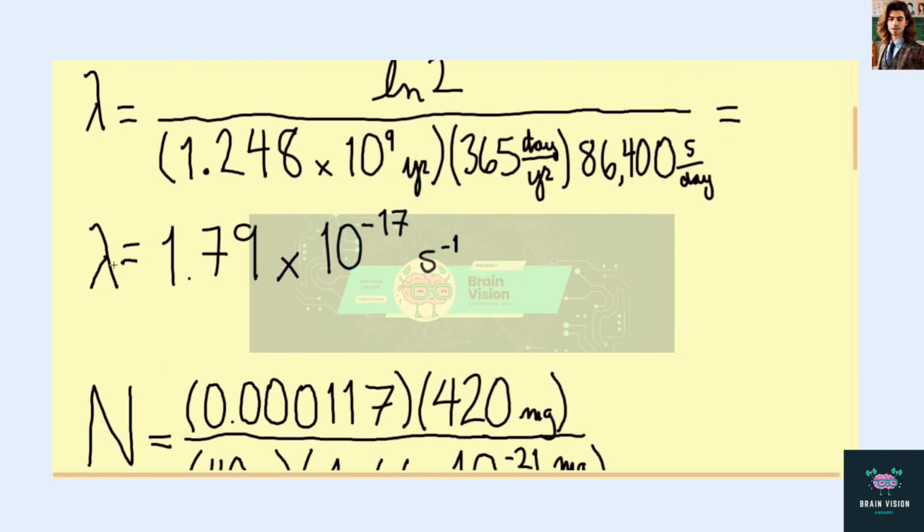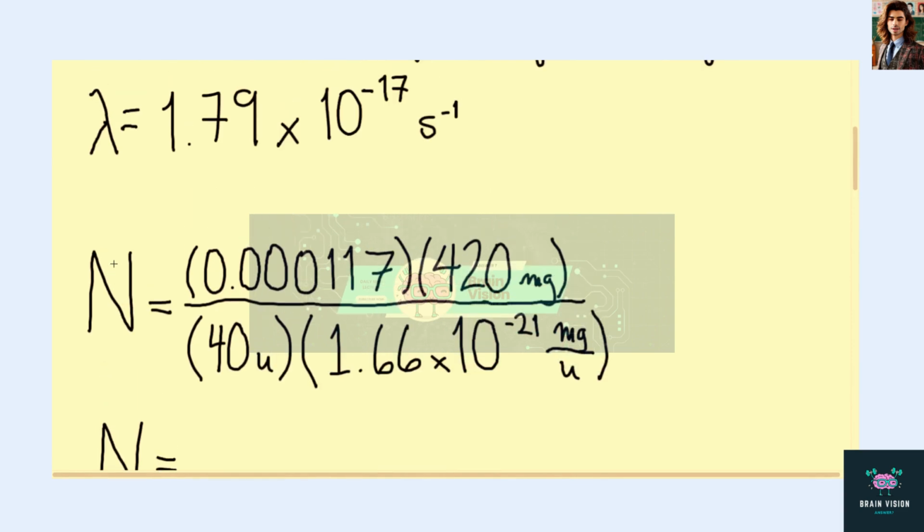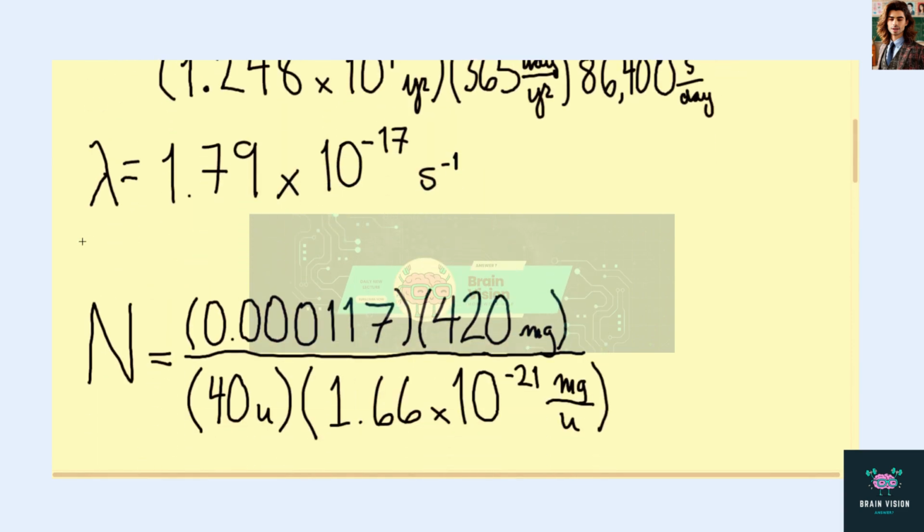Next, we need to find the number of nuclei in our 420 milligram sample of potassium with the abundance of potassium-40 isotope. Remember that we were given a percentage of 0.0117.